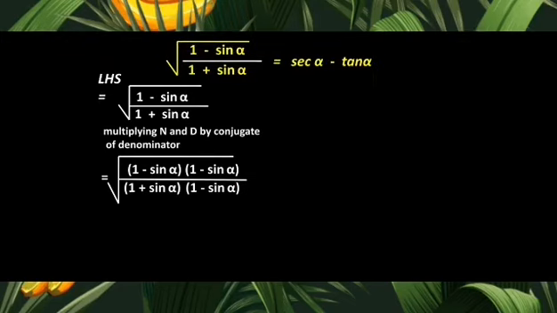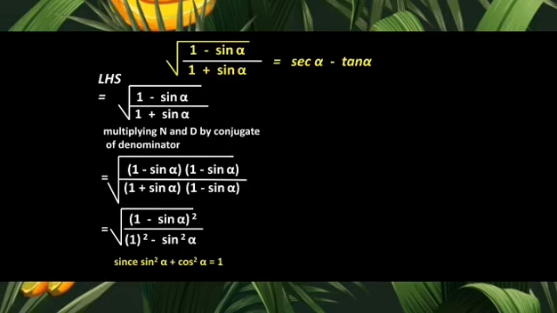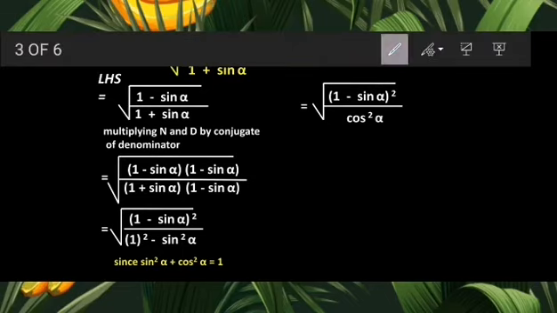Now see further steps. As I told you, in the numerator we have written the bracket square, and in the denominator we have used that identity, a square minus b square is the ending result of it, right? So over here on the screen, in the denominator 1 square is written. That 1 square is nothing but afterwards it will be 1, correct? As a result, in the denominator we get 1 minus sin square alpha, right? After making this square we get 1, that results in 1 minus sin square alpha, right?